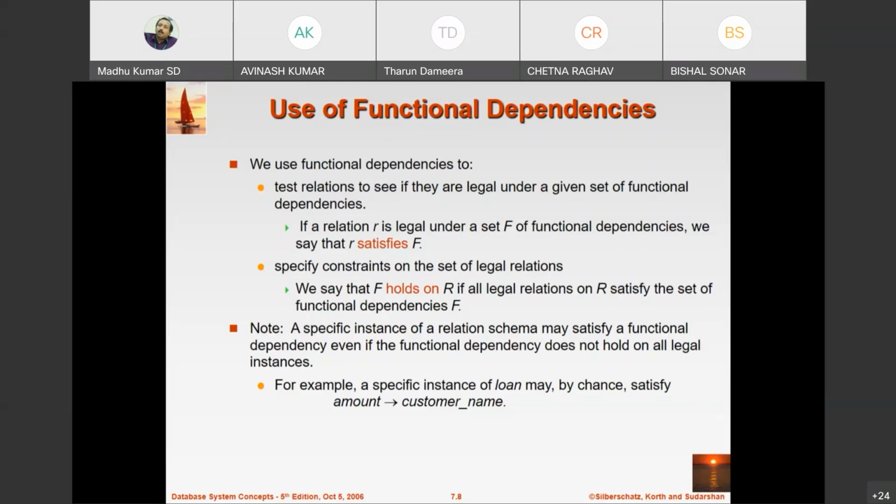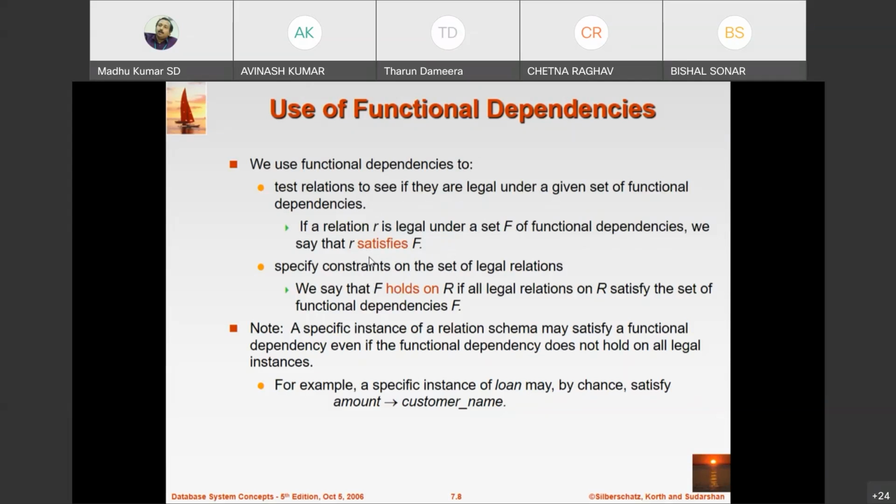So this is what I was referring to earlier as semantics of data. Semantics of data is really implemented as a set of functional dependencies. So we say that F holds if a relation R is legal under a set of functional dependencies, we say that R satisfies F, the set of functional dependencies.